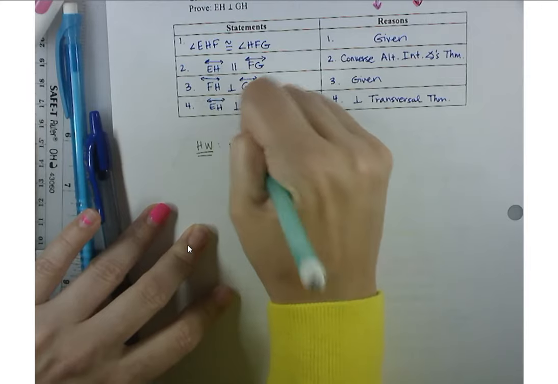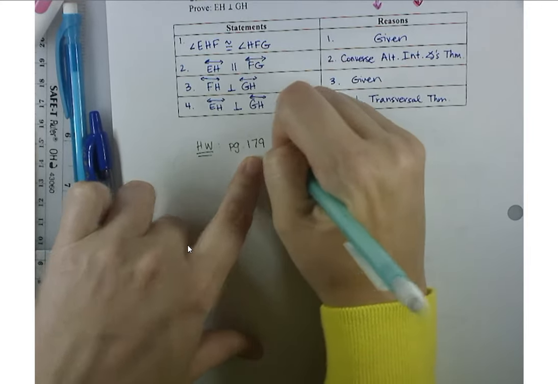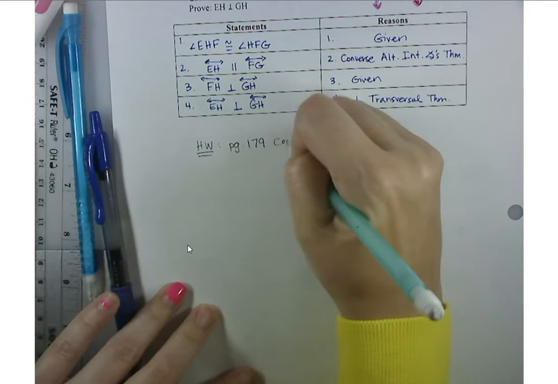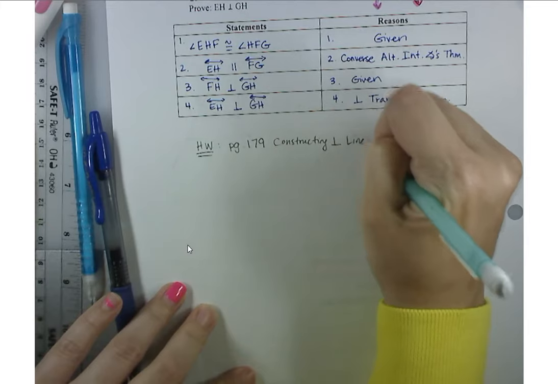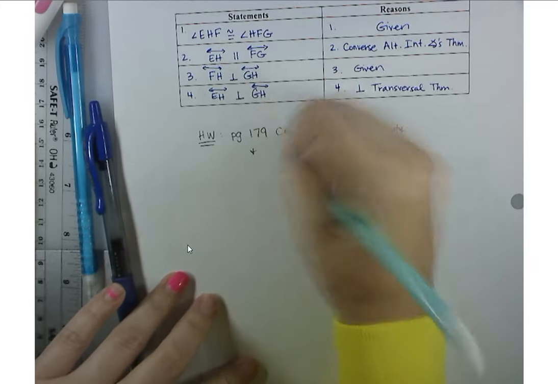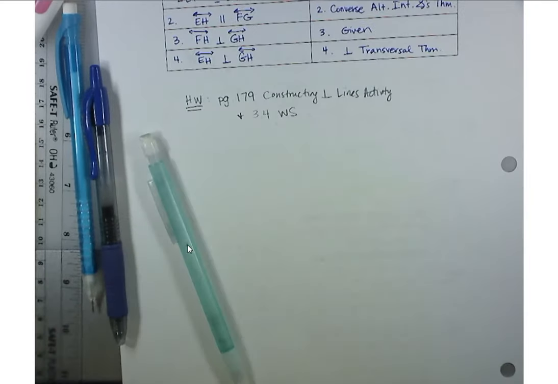So I want you to do the page 179 first, and it is the perpendicular lines activity. Okay, and your 3.4 worksheets. Okay, so I'm going to give you all of those, and then I'm going to give you the rest of today to work on them.